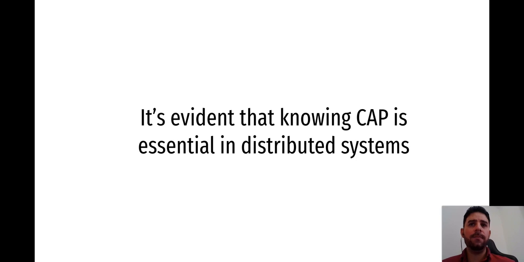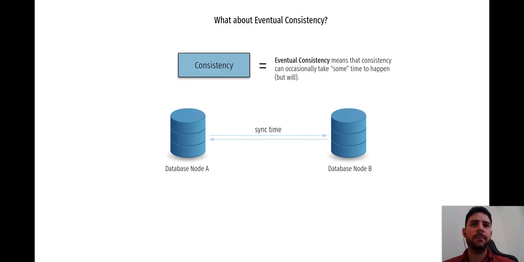So it's really evident that knowing the CAP theorem is essential to design a distributed system. And what about eventual consistency? We are talking about consistency here. Eventual consistency really happens in a distributed system. And what does that mean? Eventual consistency means that consistency can occasionally take some time to happen. So note, the system is still considered consistent because, of course, you can read and get the consistent state after the last write.